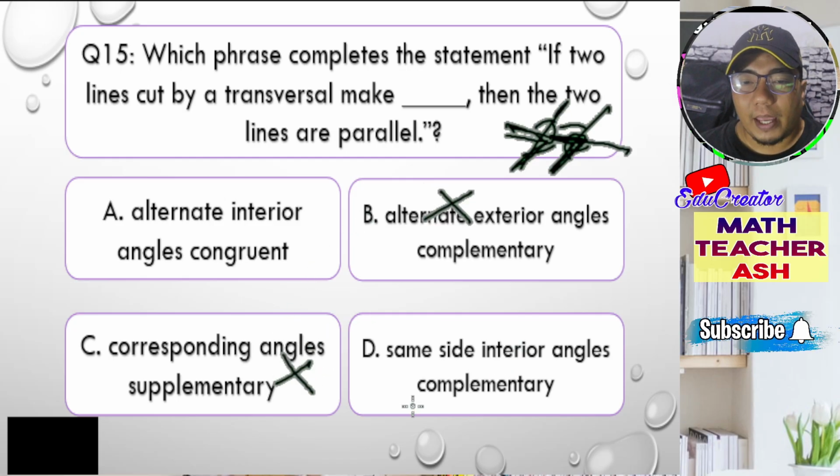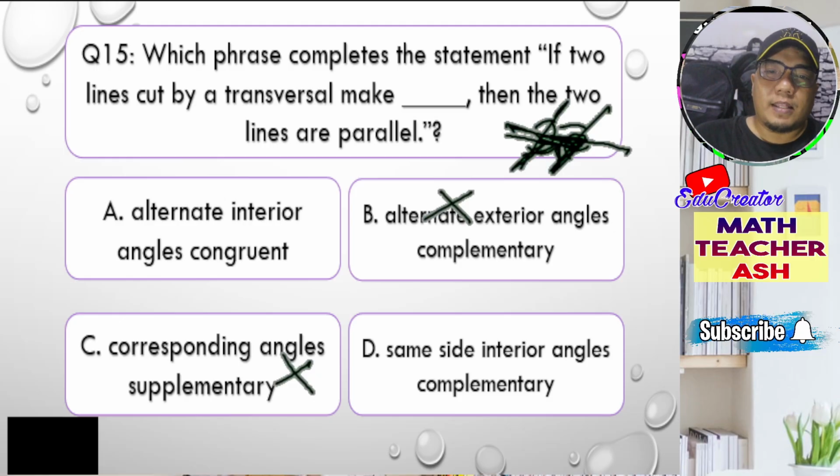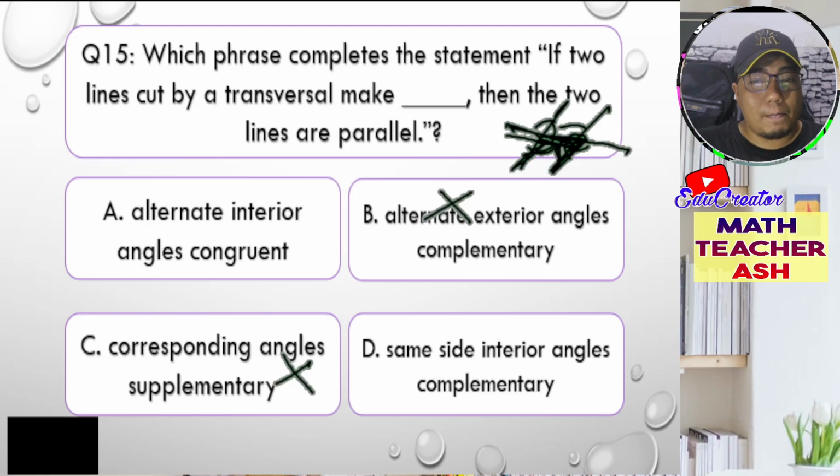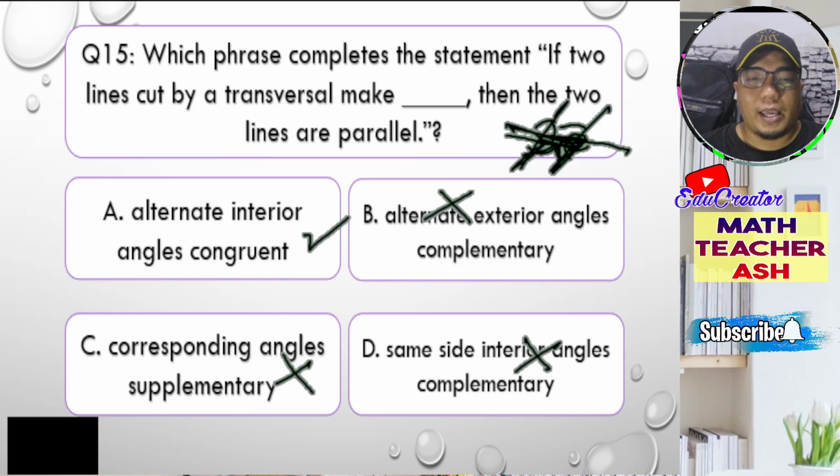So this is wrong. And then we also have same side interior angles should be complementary. If this is the angle and this one is the next angle, they should be equal to 90 degrees. Remember that same side interior angles are not complementary, but supplementary. So also our letter D is wrong. Therefore the correct answer here is letter A.